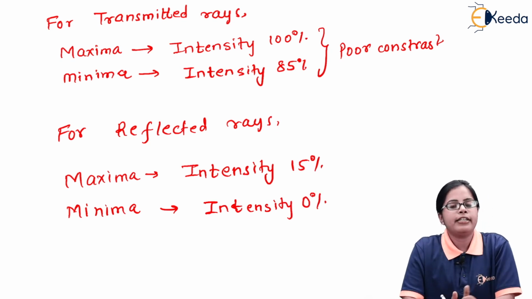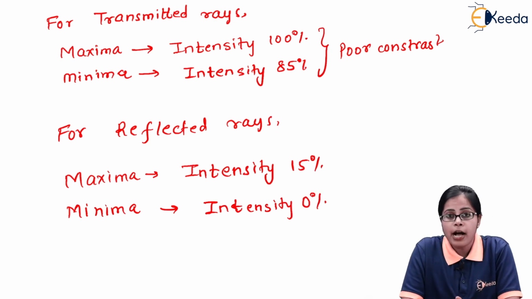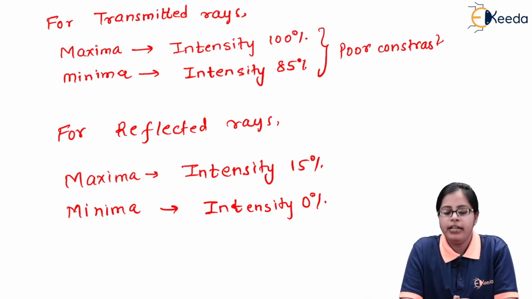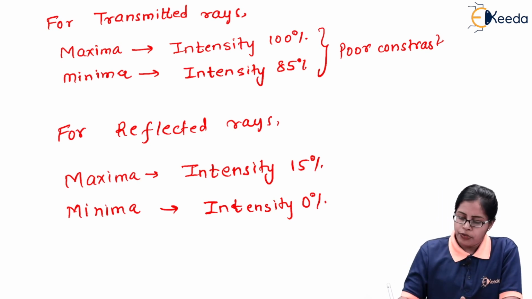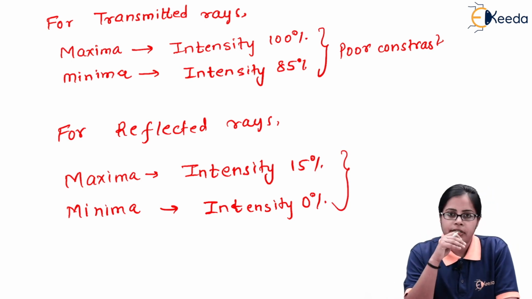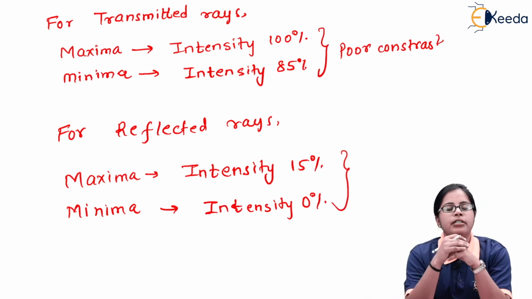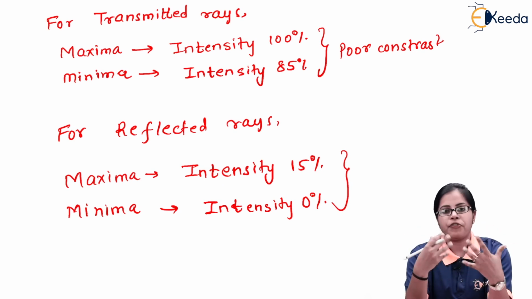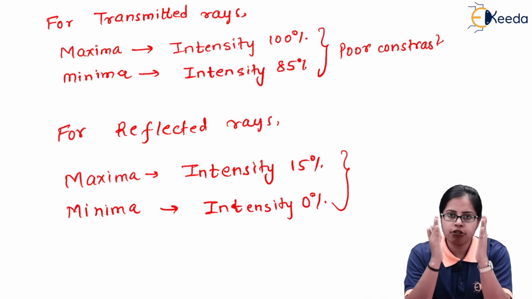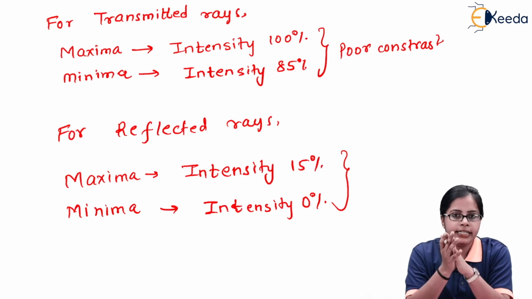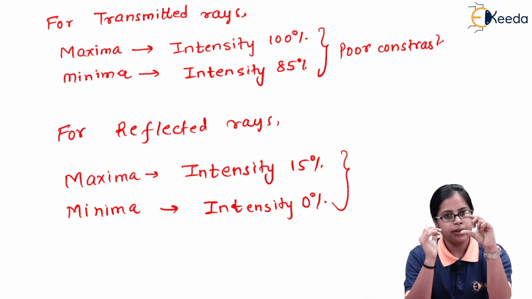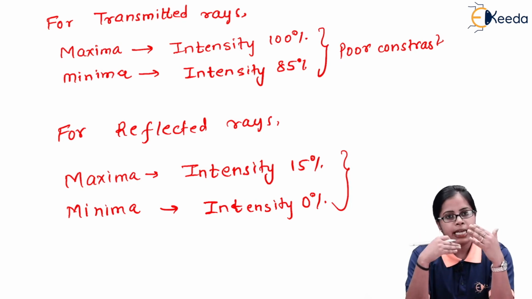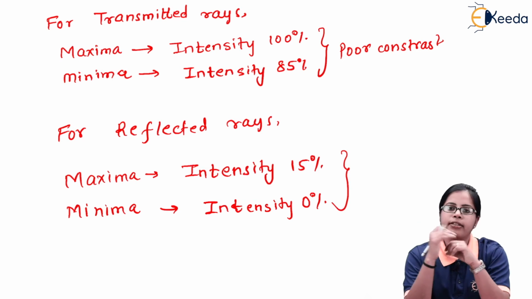That is, I'm getting 0% intensity in the dark band of the reflected system, and 15% intensity of the incident ray in the bright band of the reflected rays. So if you compare 15% with 0%, obviously for 0% the band is going to be completely dark with no light in it, and for 15% the band is going to have some light. If I compare a band with some light and a band with no light, I will easily be able to distinguish between the bright band and the dark band.